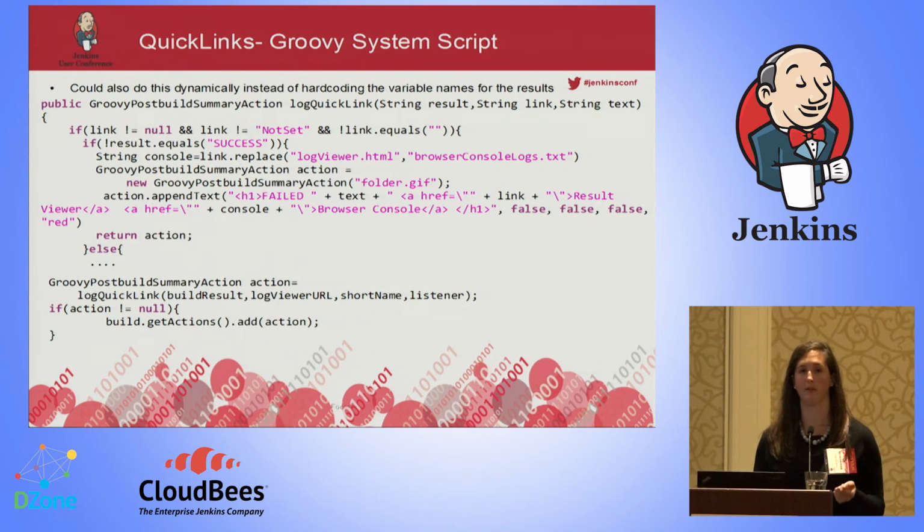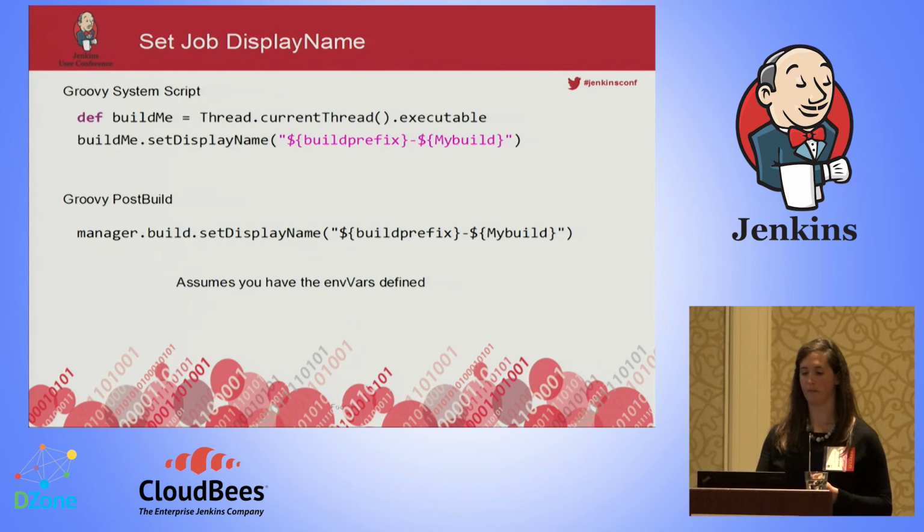So you don't actually have to use the post-build step to do this. You can do it right at build time. The Groovy Postbuild summary action is using that plugin's API to create that link and enhance that build page with the HTML that you want to add. So that's doing it dynamically for the quick links and the emails.